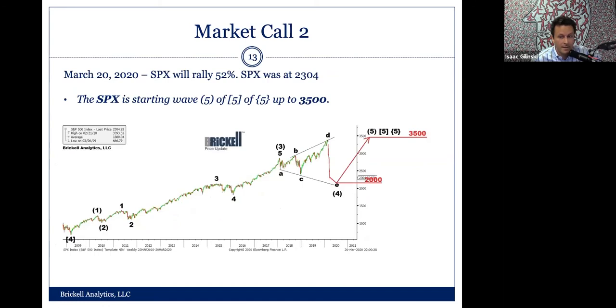So the drop to 2,200 on the S&P is a function of the price first, and then the time. So it could be soon, or it could be 3 to 6 months.